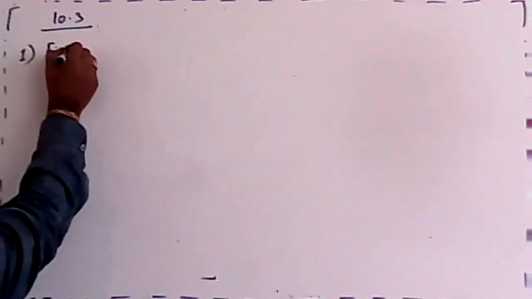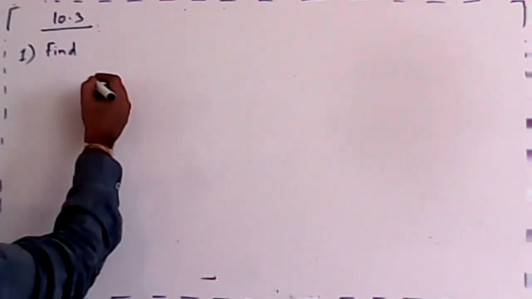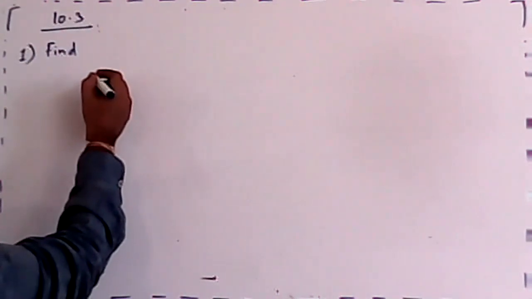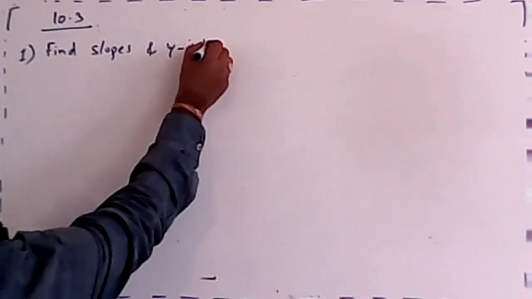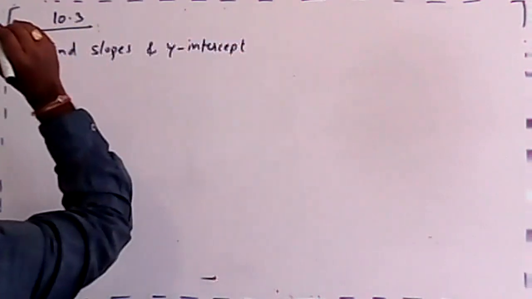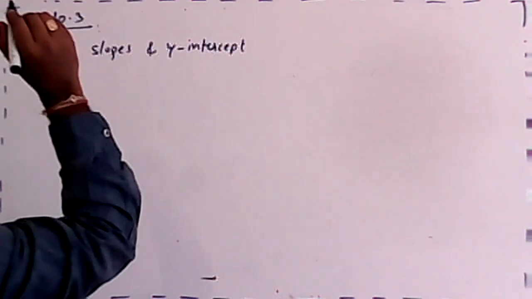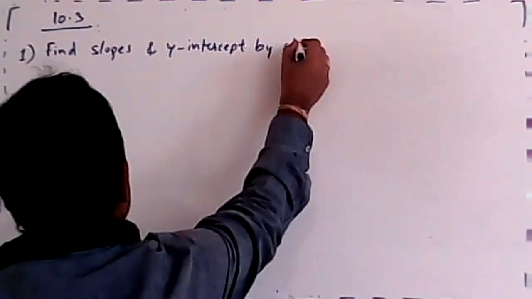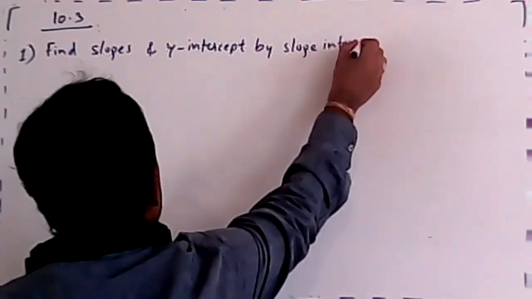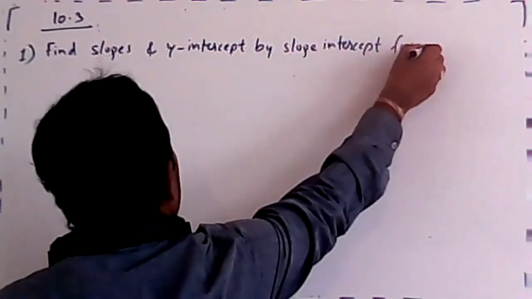Let me begin with the first question now. They are asking here: reduce the following equations into slope-intercept form and find their slopes and y-intercepts. Convert them first into slope-intercept form.